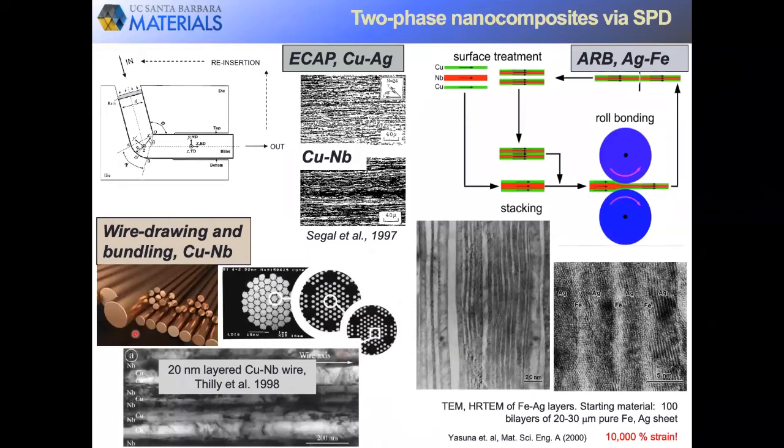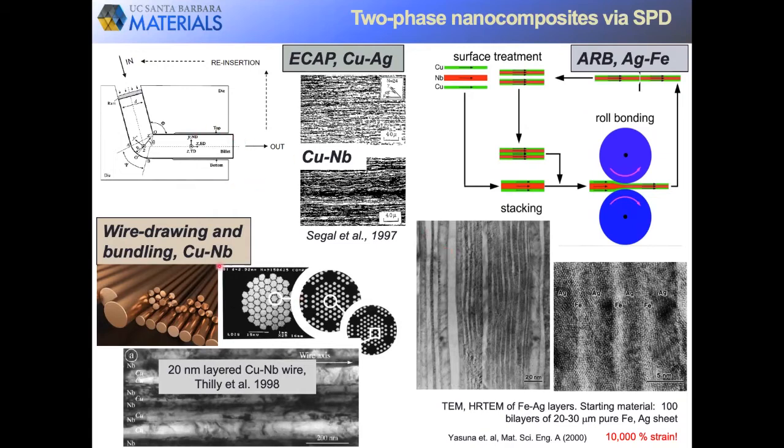So for some time, there's been a parallel effort to make nanostructured two-phase metals from metal forming, or in particular, severe plastic deformation methods. These SPD methods can impart extreme amounts of plastic strain while retaining the original dimensions of the sample.